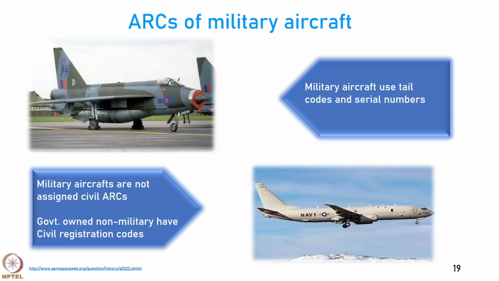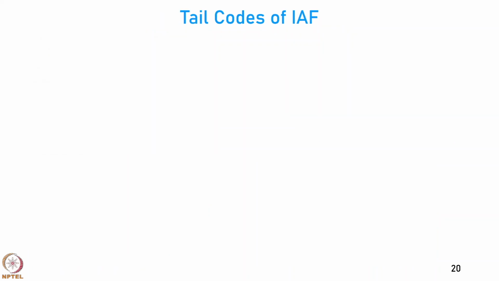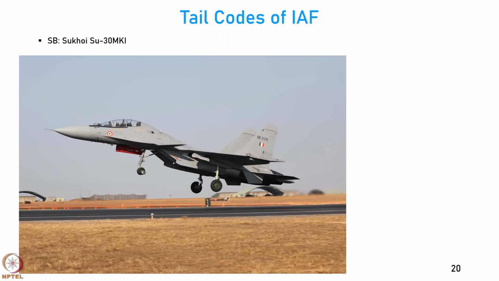Only if a government owned military aircraft is a civilian aircraft used for transport purposes, they would get civilian codes. Let us have a look at the tail codes of the aircraft used by the Indian Air Force.